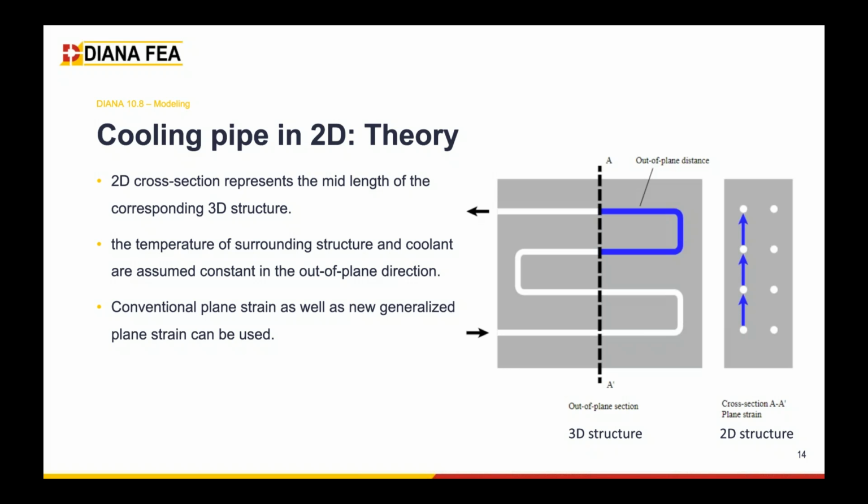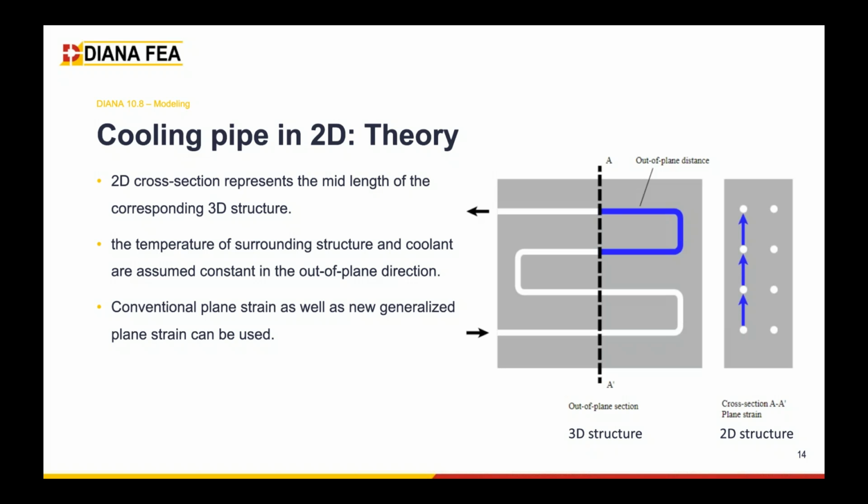There are two main assumptions that should be considered. One is that the 2D structure, the section that now you can use with the cooling pipe, represents the mid-length of the corresponding 3D structure. And the second assumption is that the temperature of the continuum, concrete, and the coolant, most of the times water, are constant in the out-of-plane direction.